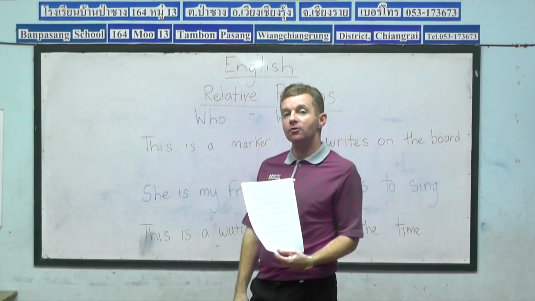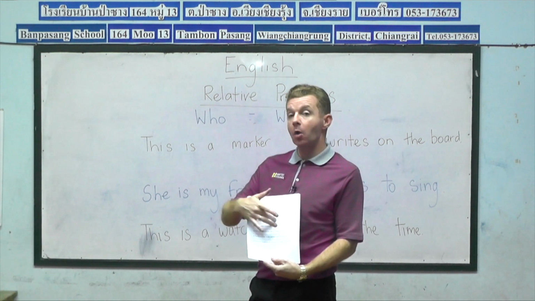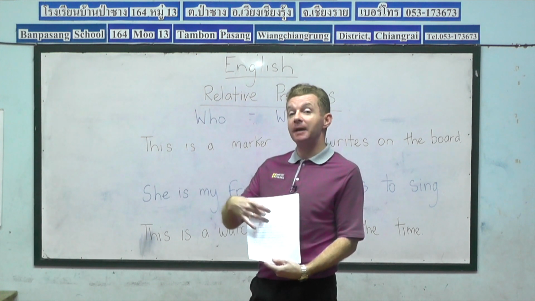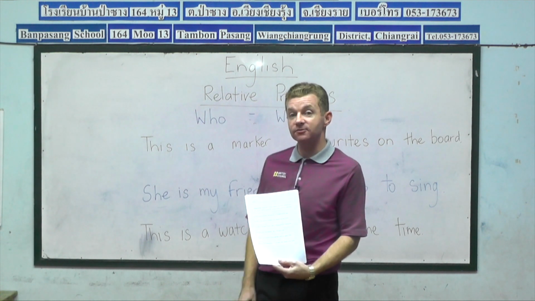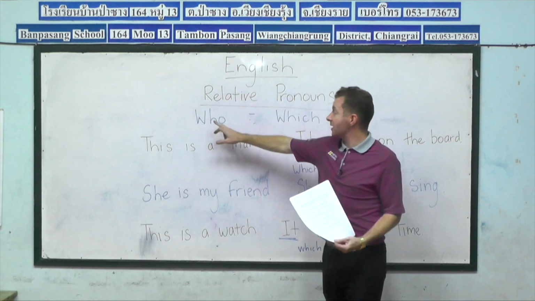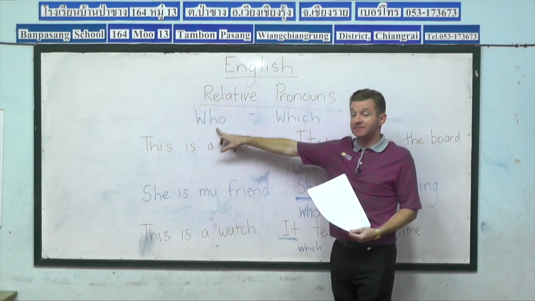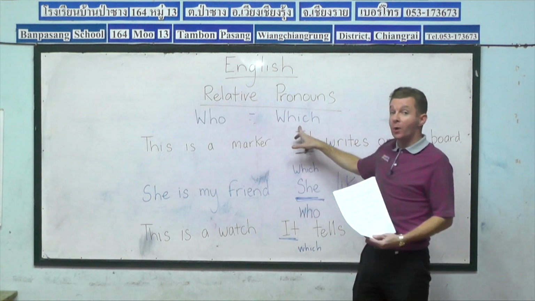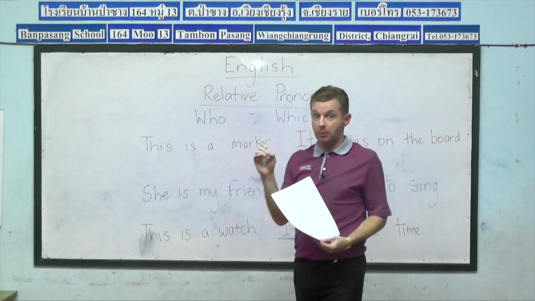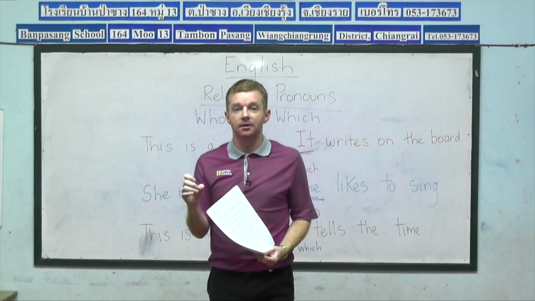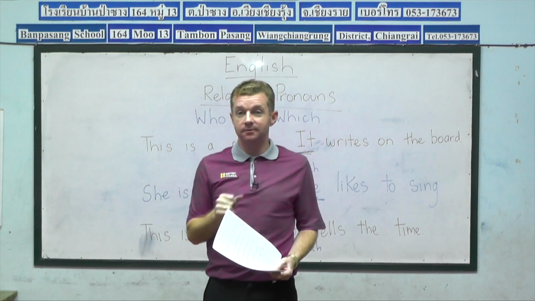So what we want our students to do is to write the long sentence in the space underneath the two small sentences by linking them with either who, if it's sentences about people, or which, if it's sentences about things or objects.